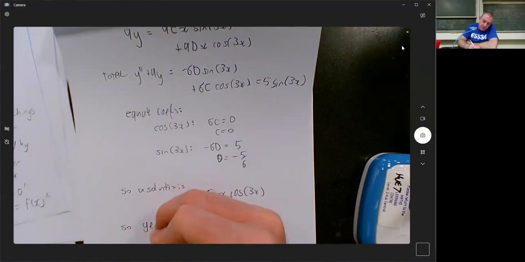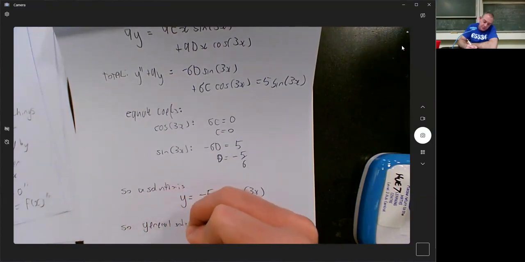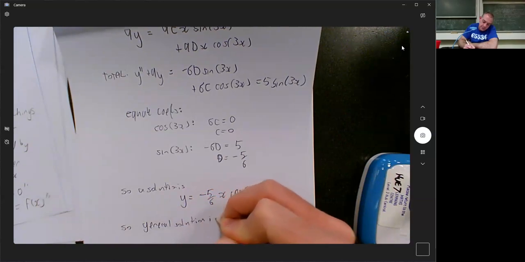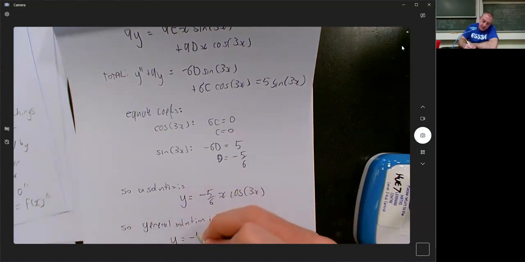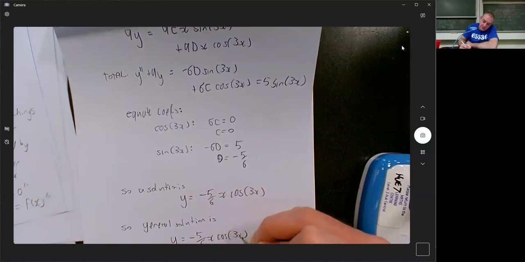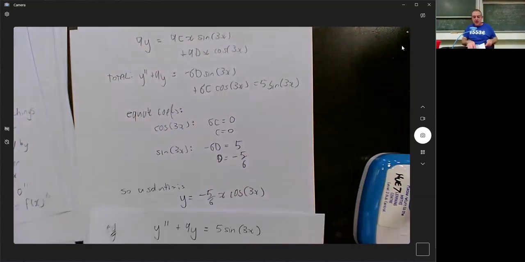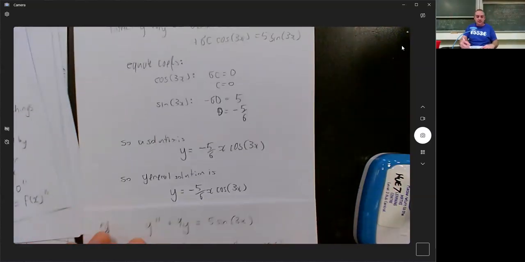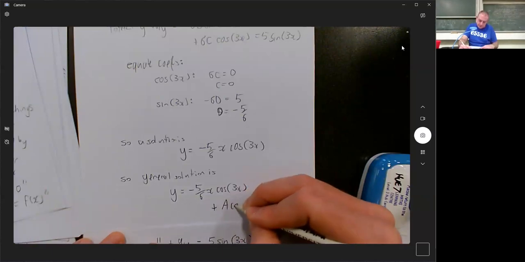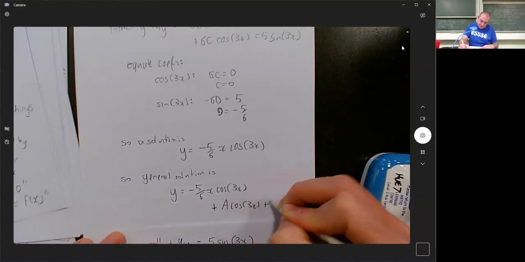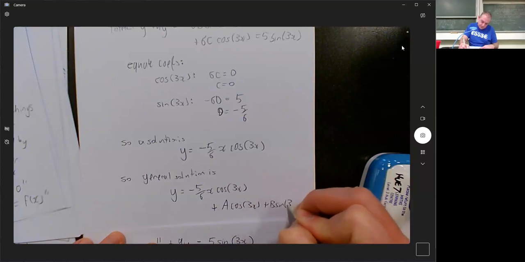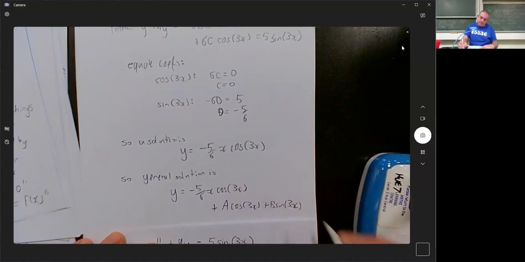So the general solution, we keep this thing that we just found, and we add on what we had from the homogeneous equation, which was a cos 3x plus b sine 3x. There we go.